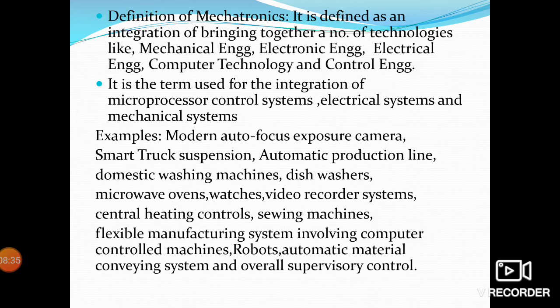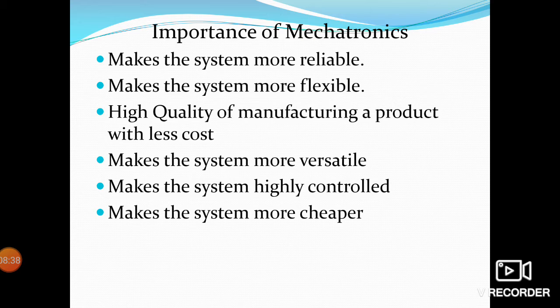We can just go through them, and let me start with in what way mechatronics is more important as far as the present technology is concerned, because it makes the system more reliable. When we speak about the system, we are going to define what we mean by a system and the different types of systems in the future slides. But anyway, it makes the entire process, the entire machine manufacturing, everything more reliable.